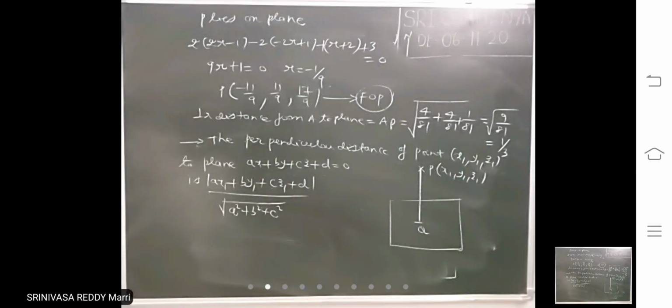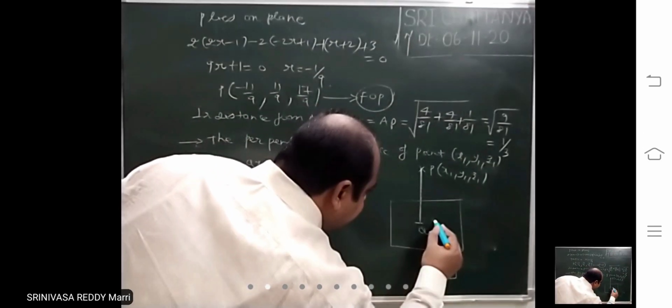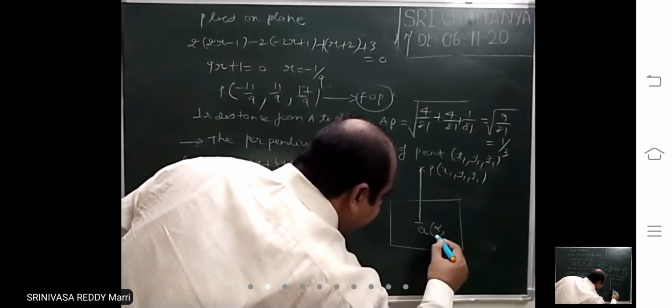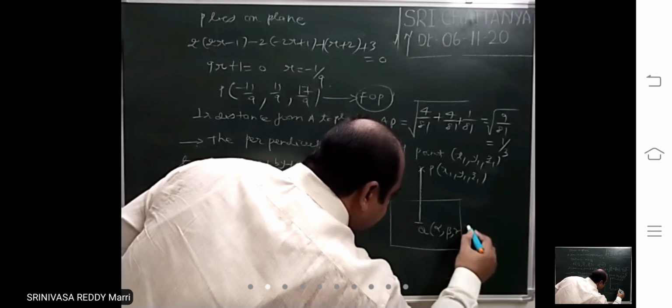Now for the foot of perpendicular, let us say this is (alpha, beta, gamma).